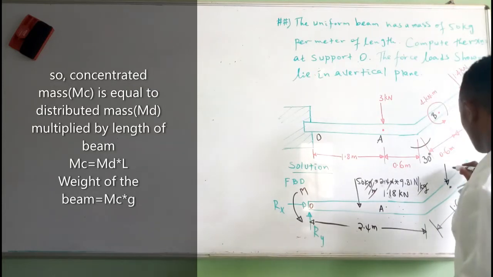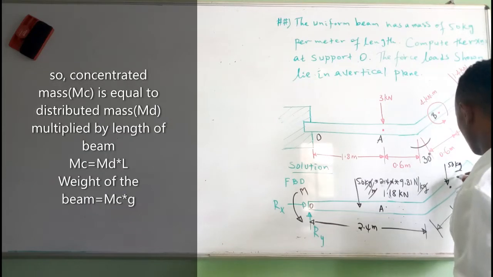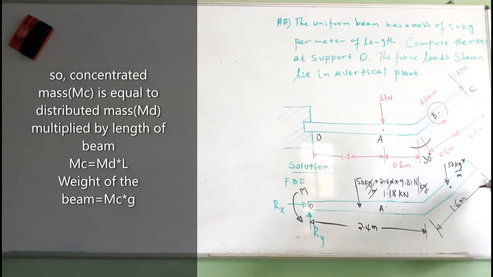I mean that 50 kilogram per meter times 1.2, not 1.6, 1.2 meter times 9.81 Newton per kilogram.